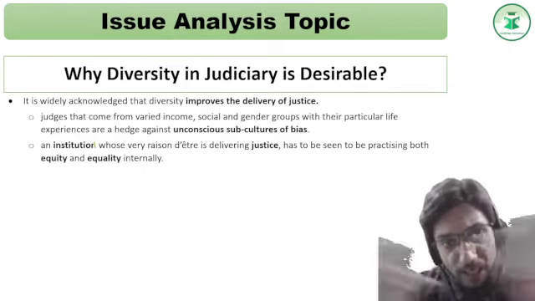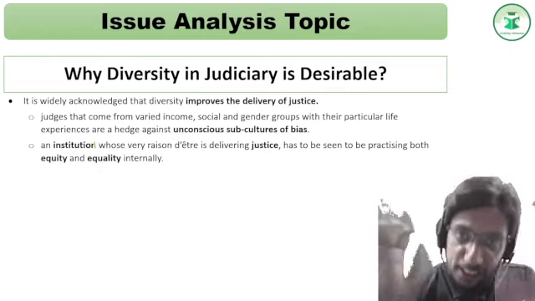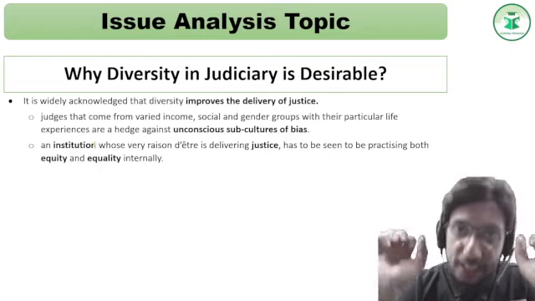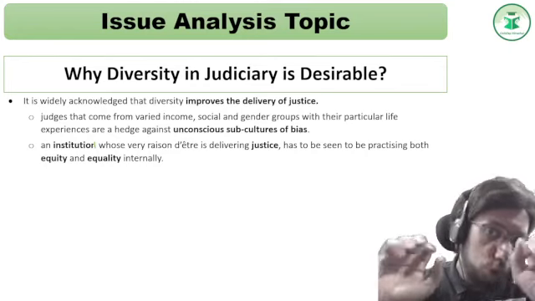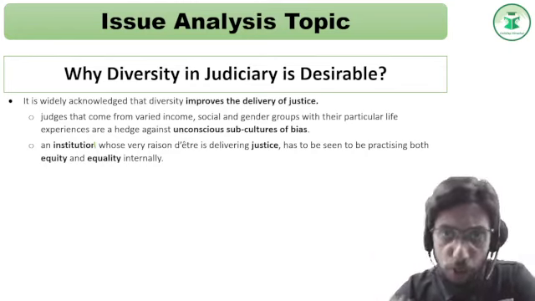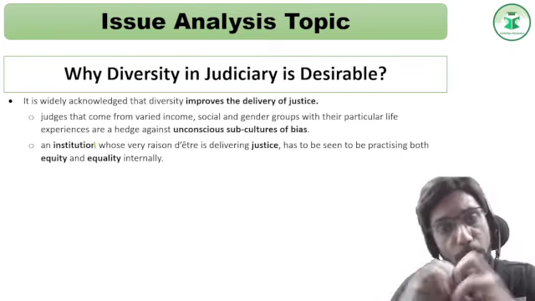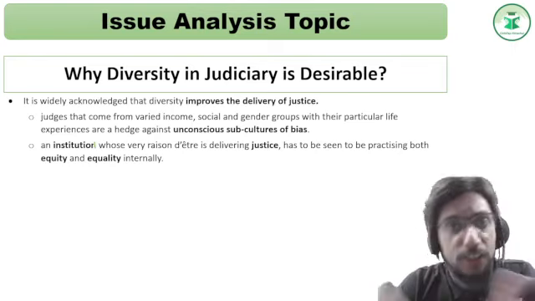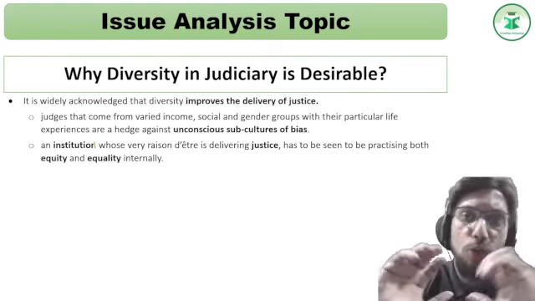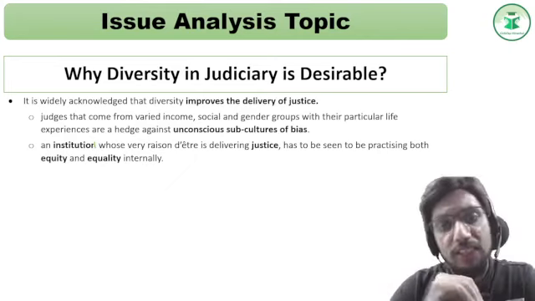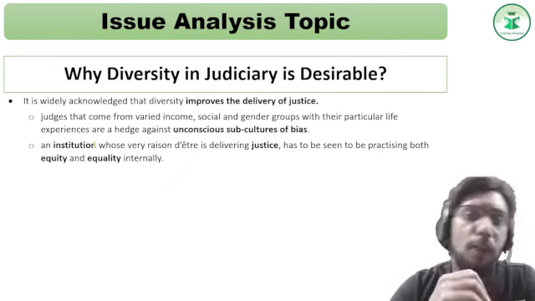The moment you have a diverse set of judges who are reasoning, who are arguing, who are deciding amongst themselves as to what should be the best course of action in a particular case, they will be able to come up with a more advanced set of arguments within themselves, more insights within themselves, and the set of judgments that will come out should be better.